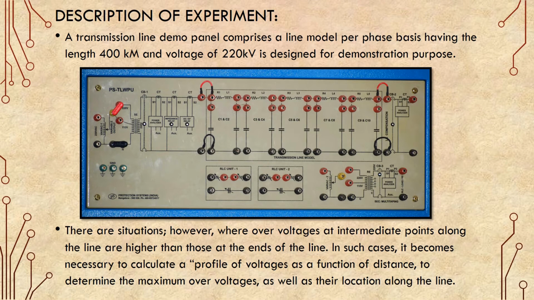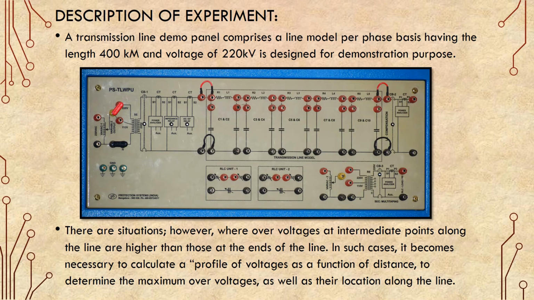We know that once the transmission line is designed, we will get a higher voltage at the receiving end. But if the voltage is higher at the receiving end, that doesn't mean the voltage is not higher in the middle. So we have to look at each segment of the transmission line to see where the voltage is going beyond the permissible limit, because in each segment we have insulators or high voltage apparatus designed for the 220 kV line.